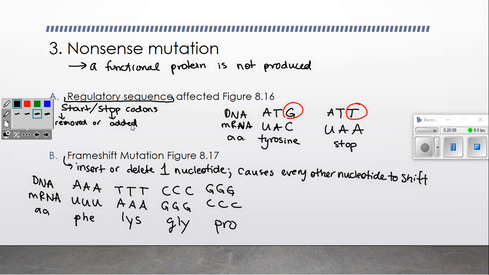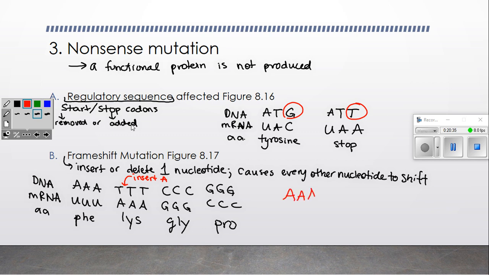So when we do this frame shift mutation, we are going to insert a nucleotide in the DNA code. We're just going to put one in. So I'm going to imagine, and then I'll rewrite it, that right here I insert an adenine. And so let's look at what the DNA code becomes.